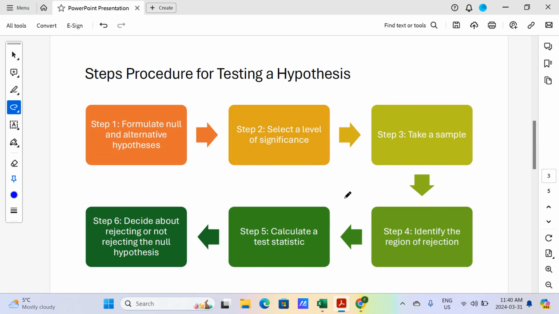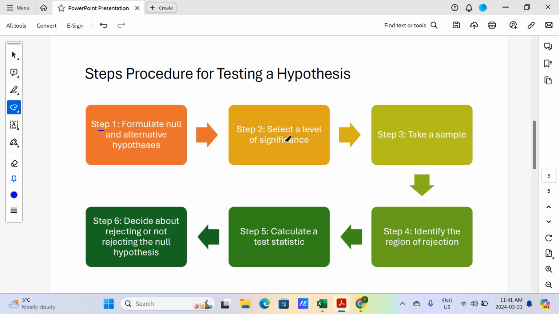But let me remind you about the steps in hypothesis testing. In any hypothesis testing, in step 1, we need to formulate null and alternative hypotheses, H0 and H1. In step 2, we need to select a level of significance, alpha.